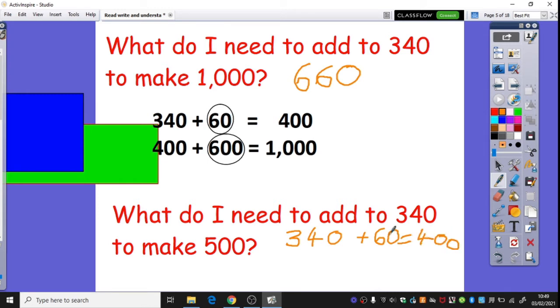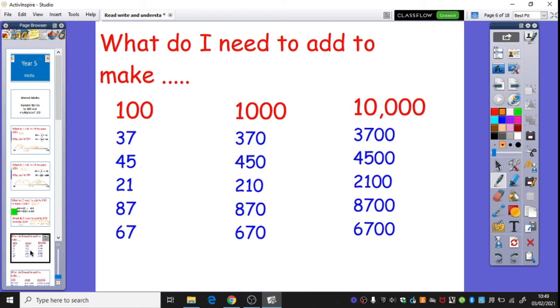And then we have 400, obviously add 100, and that gets us to 500. So altogether we can see we added 60 and 100. So what do we need to add altogether? 160.